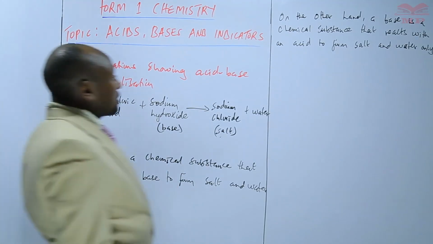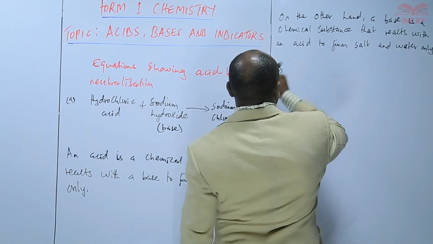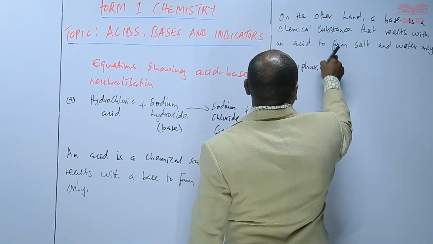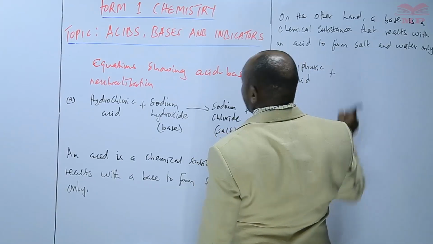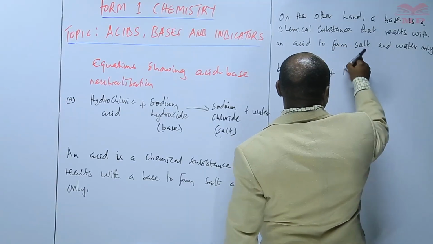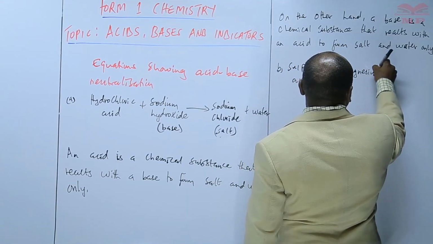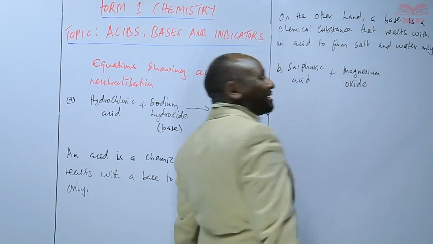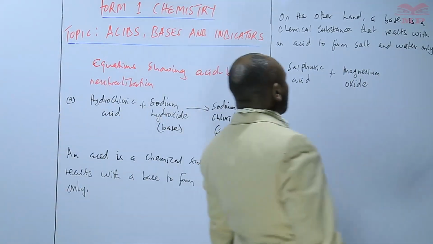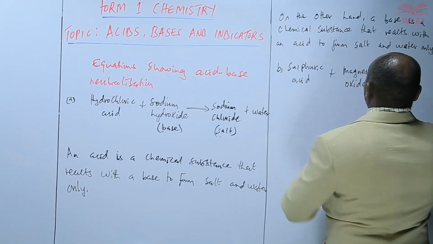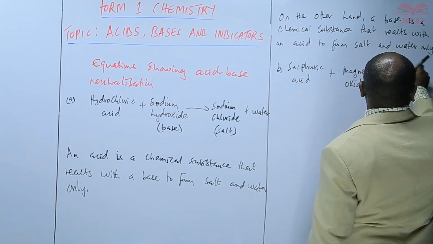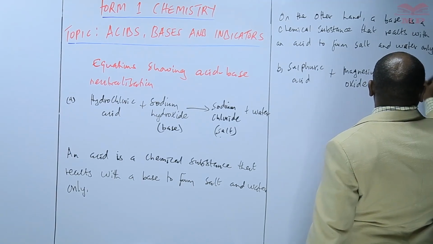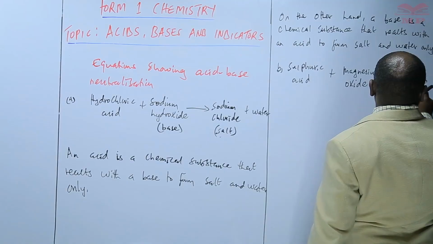So more examples. We can have an acid such as sulfuric acid and a base such as magnesium oxide. Remember, a base can also be a metal oxide, not just a hydroxide. It can either be an oxide or a hydroxide. So here we'll get a salt, magnesium sulfate, plus water.